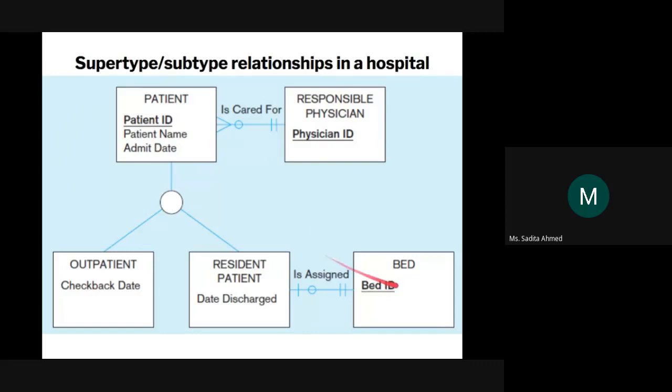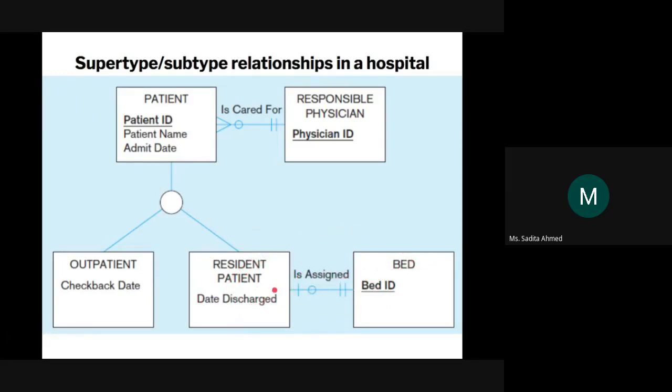Right? However, on the other hand, a bed is not assigned to all patient instances. Outpatients will not be assigned a bed. They're visiting the hospital, they're not staying in the hospital. So this relationship between a bed and a resident patient is unique to the resident patient.